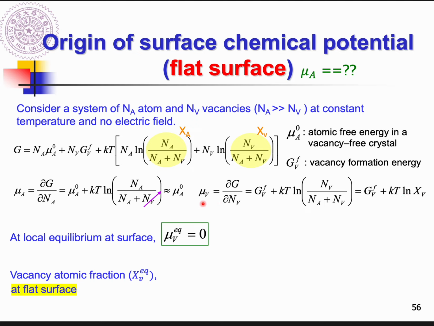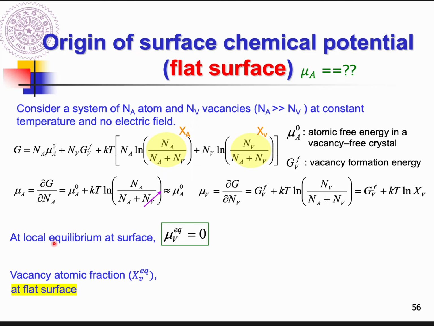So we get mu V equals the vacancy formation energy plus KT log XV. Based on this, you know the chemical potential of the vacancy depends on the atomic fraction of vacancies, right? Because the concentration of vacancies will change the vacancy chemical potential.